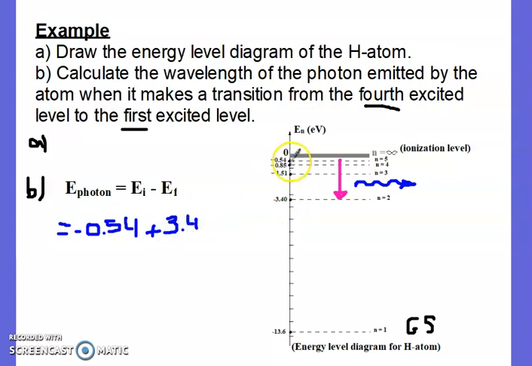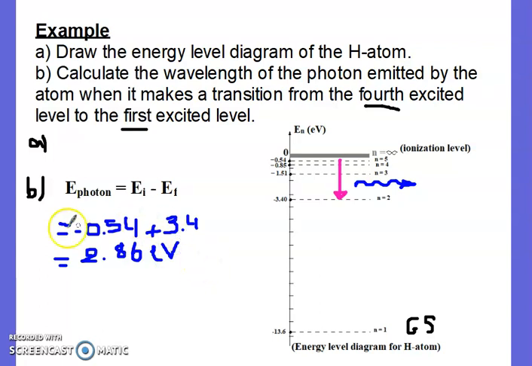Here is the initial level minus 0.54, final level 3.4. If you do the calculation, you get 2.86 eV.